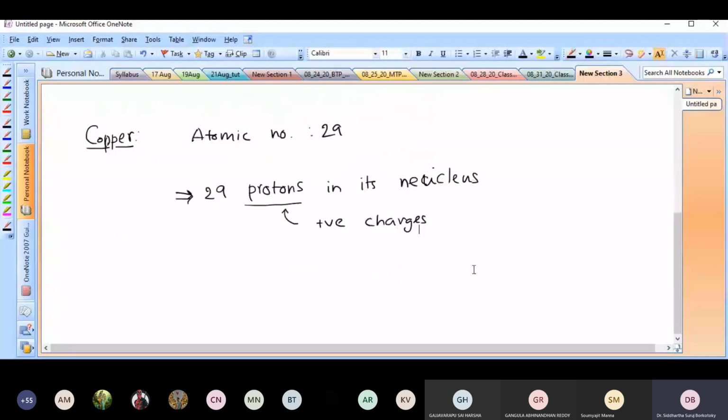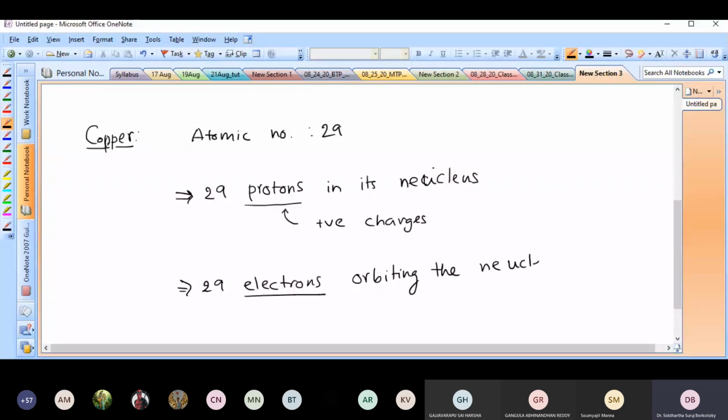Now, as we know, in order for an atom to exist, the number of positive charges by way of protons and the number of negative charges by way of electrons should match. So there are 29 electrons as well, orbiting the nucleus.